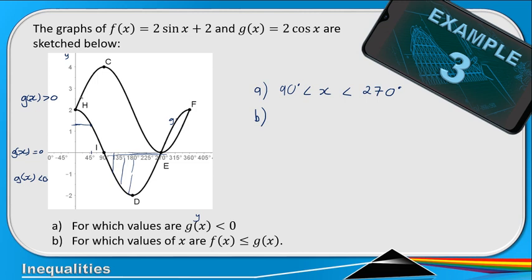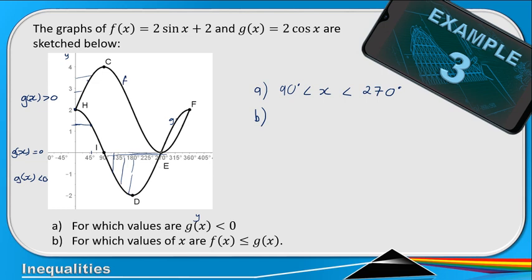So let's start here. This is our f graph, and for all of these values, the f graph lies on top of the g graph, so these values aren't applicable.